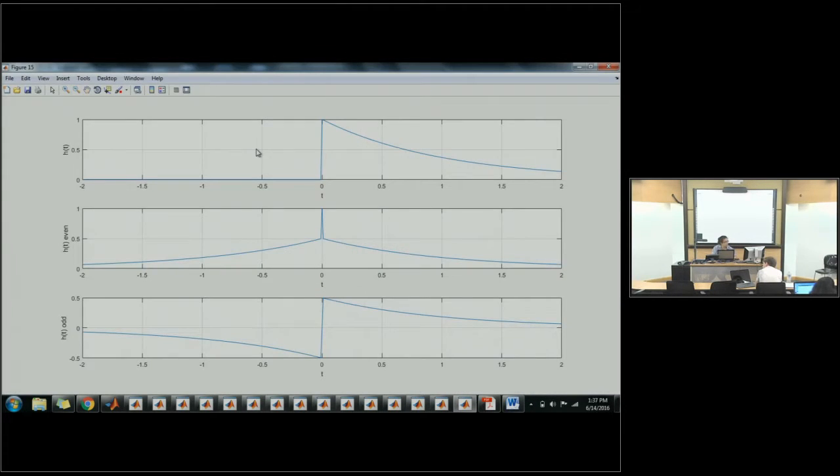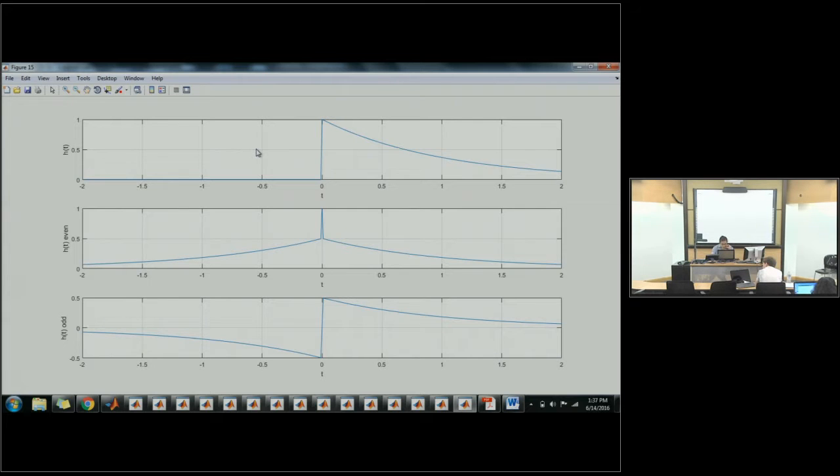Let me make it bigger for you. This is continuing; I've just limited it in the view of -2 to 2. This exponential is continuing till infinity. So it's 0 for everything t less than 0, and e raised to the power minus t for everything t greater than 0.